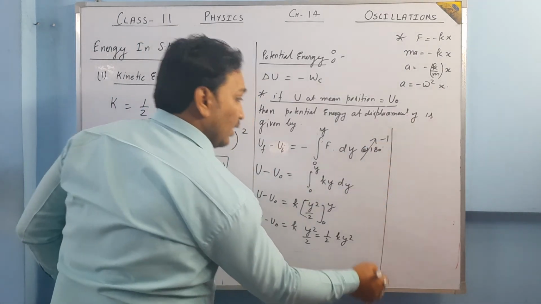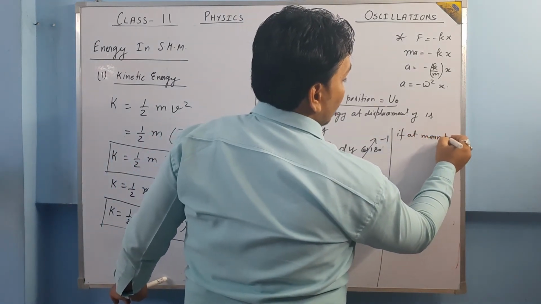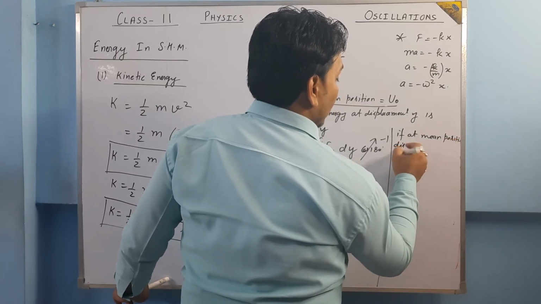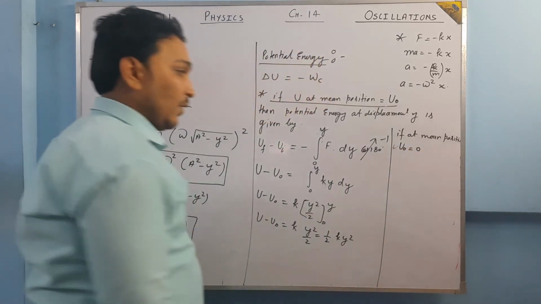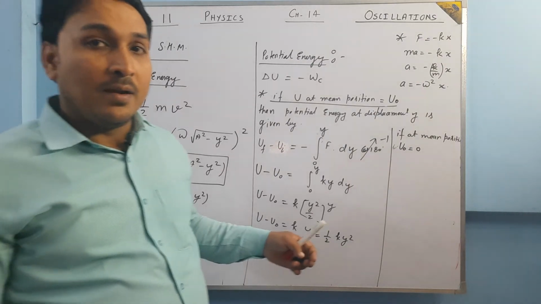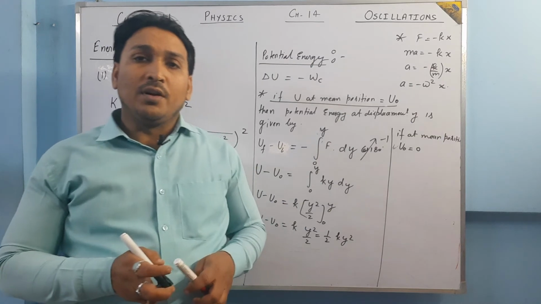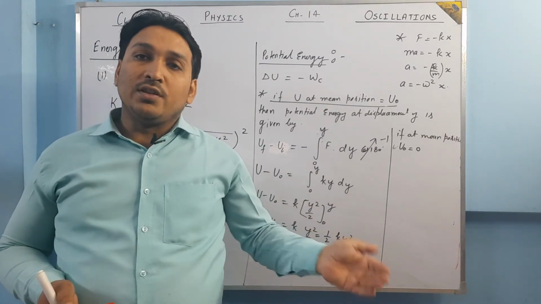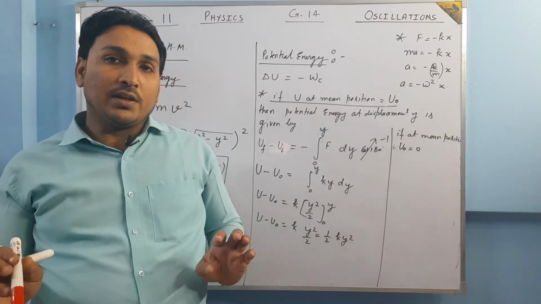Now if the potential energy at the mean position, U naught, is equal to 0, which is not necessary, sometimes you'll have some value of potential energy. But in most of the cases the potential energy at the mean position comes out to be 0, but not in all the cases.